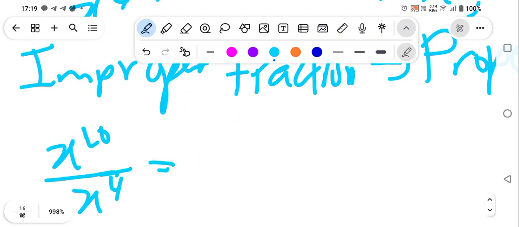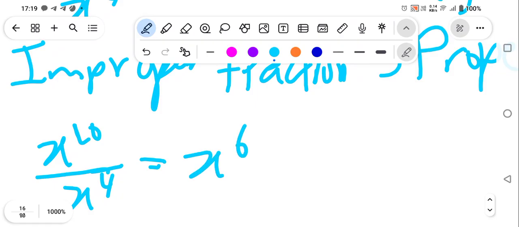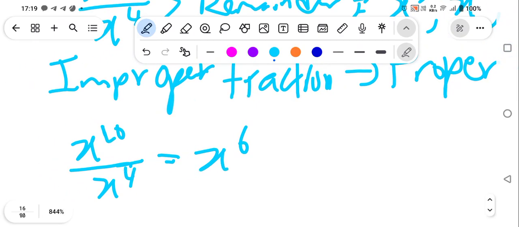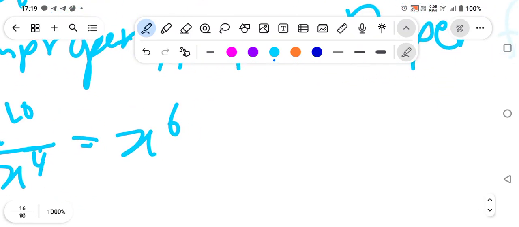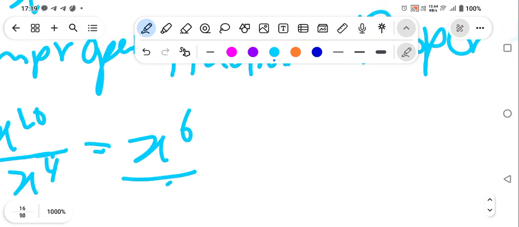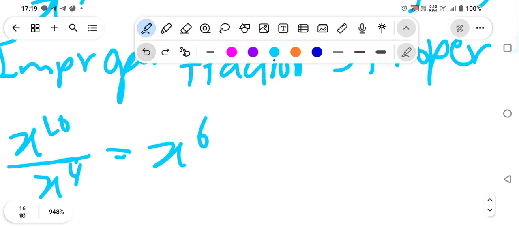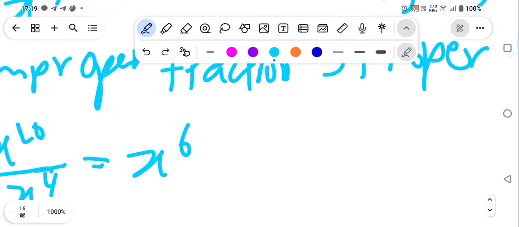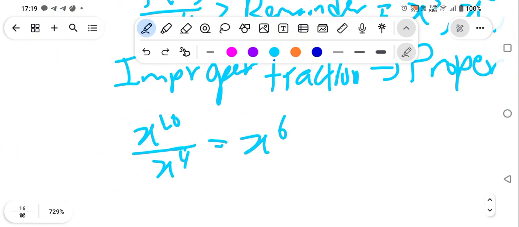After I divide it, I get x power 6. Now this is a proper fraction. Why? Because it's not divided by anything, it's like 1, but it's not 1. It's like a whole number in this case.